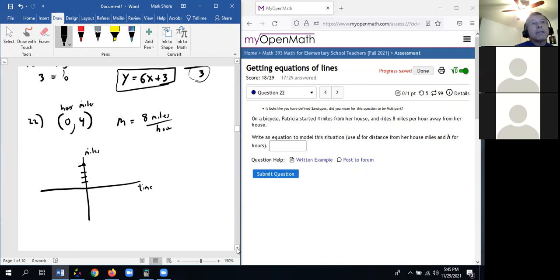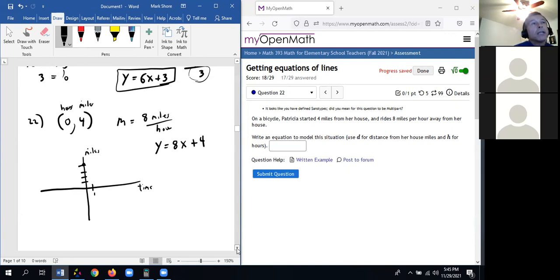Then she's traveling at 8 miles per hour away from her house. So every hour, that's going up by 8. See, so at 1 hour, she'd be clear up here at 12, 8 miles more. But anyway, that's the equation. Y equals, there's your slope, 8x, whatever the x variable is. In this case, it's hours, plus the y-intercept, boom, 4 miles.